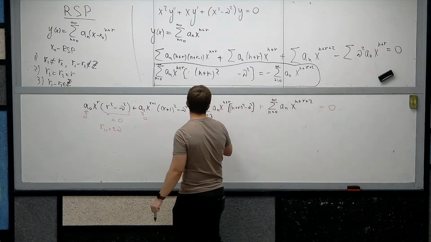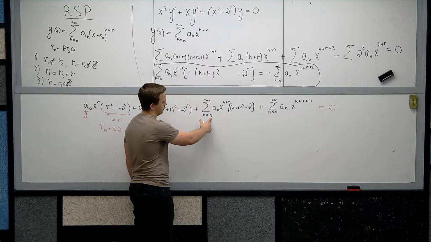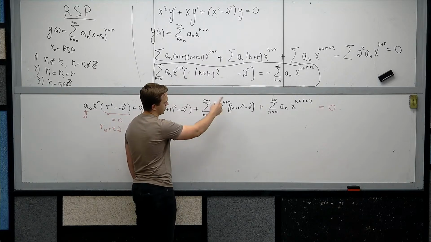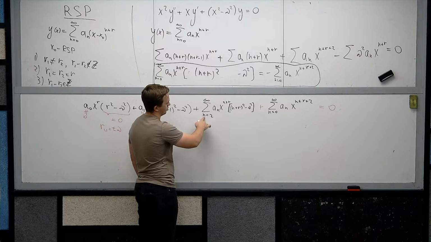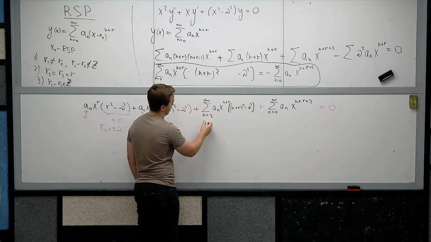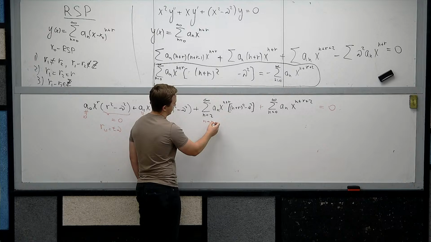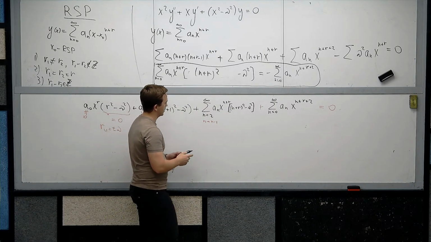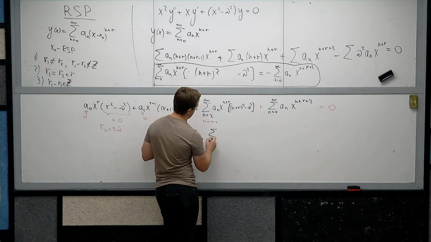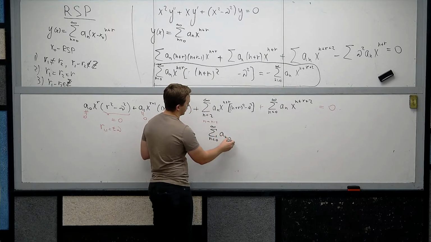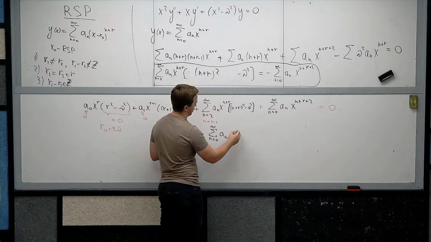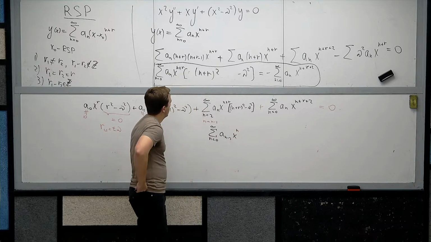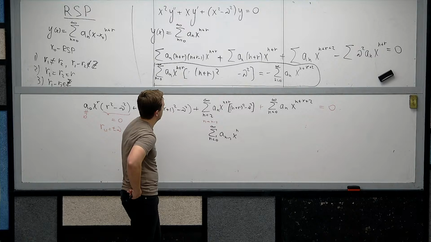Let's shift this summation from 0. So n just, it's n minus 2. Okay. In this case, the sum will start from 0 to infinity. Here is n minus 2, x to the n plus 2.